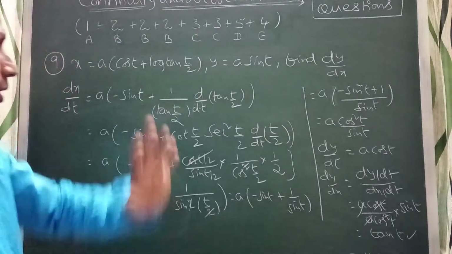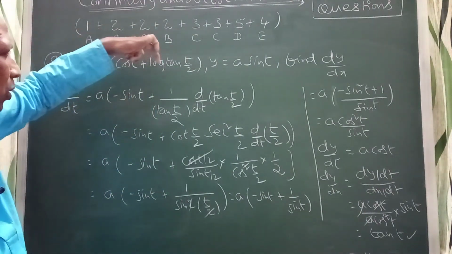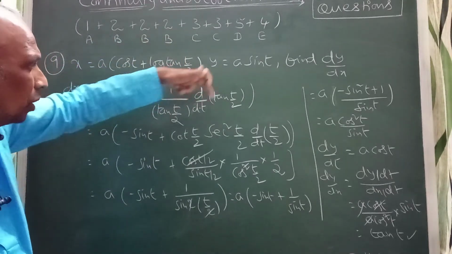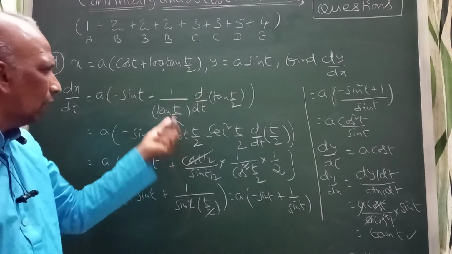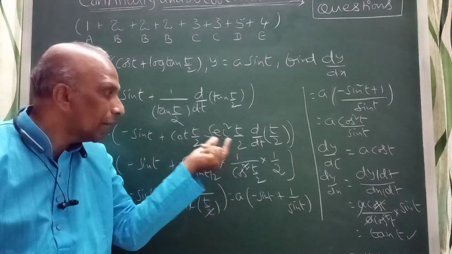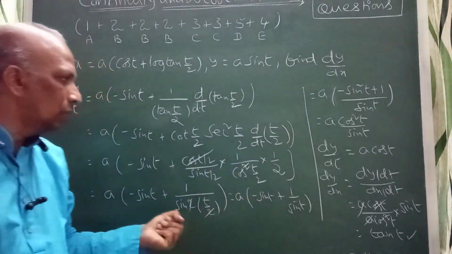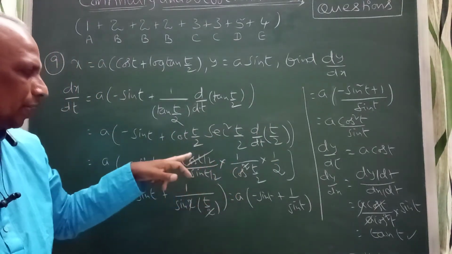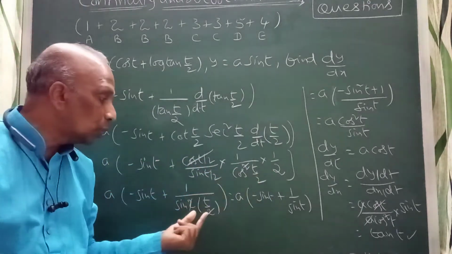I will re-explain this one. You take a into the derivative of cos t minus sin t, plus the derivative of log, 1 by tan t by 2. Now 1 by tan is cot t by 2, and the derivative of tan theta is secant square t by 2, into d by dt of t by 2. The derivative of t by 2 is 1 by 2. Secant square, 1 by cos square, gets cancelled with this. 2 sin theta cos theta is sin 2 theta.